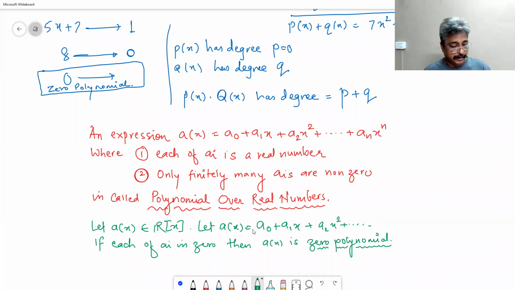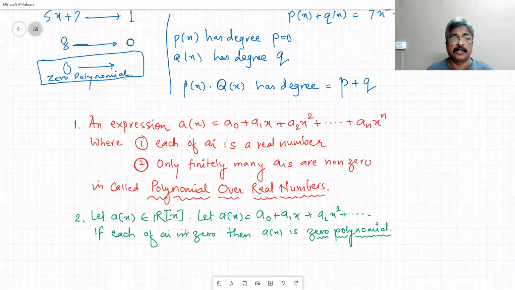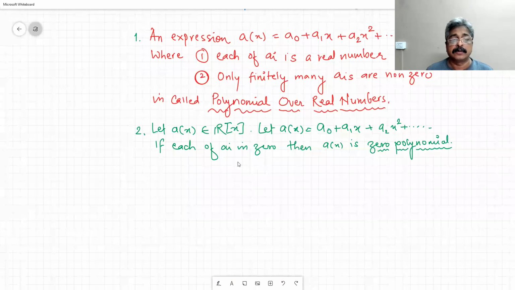Check whether you understand it. Definition number 1, definition number 2, definition number 3.